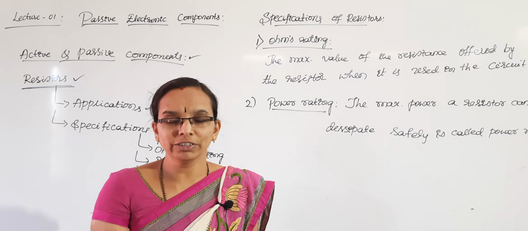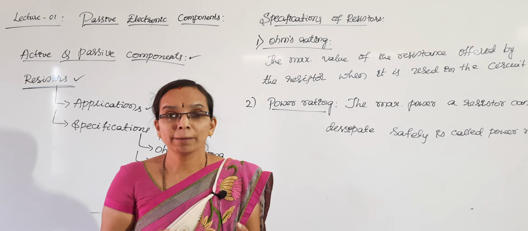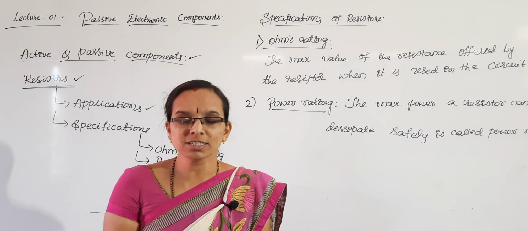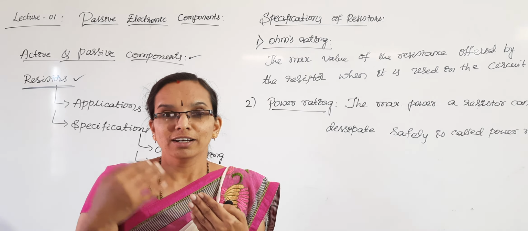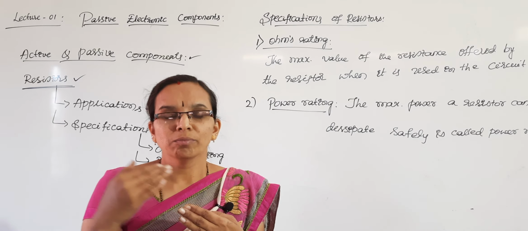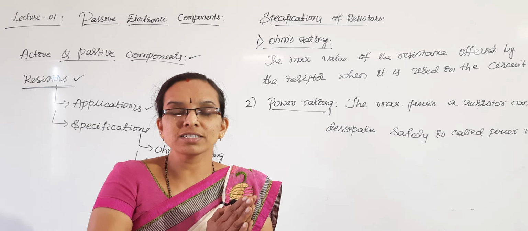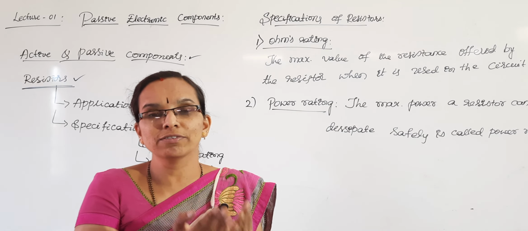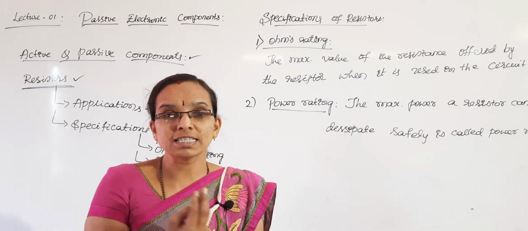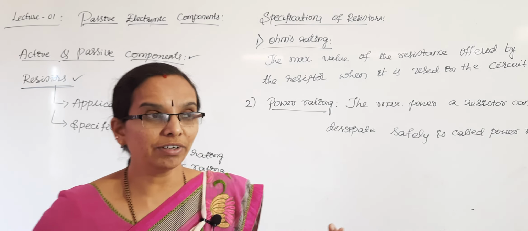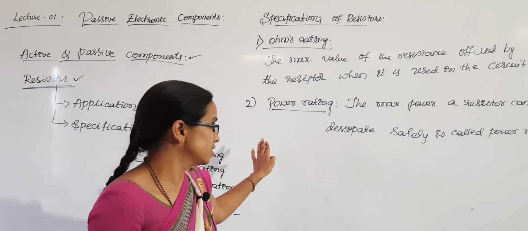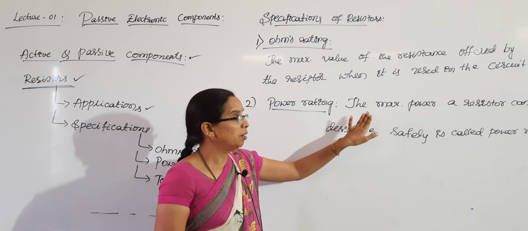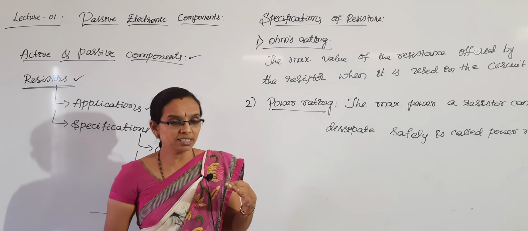Because the voltage may be more than the capacity of the device, that the device can withstand, right? In the same way, the resistor power rating will be mentioned while purchasing the resistor.